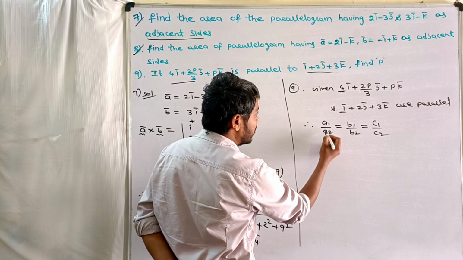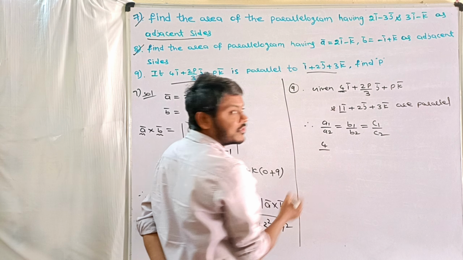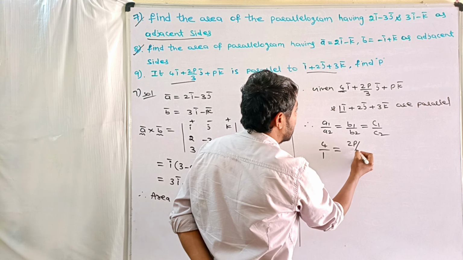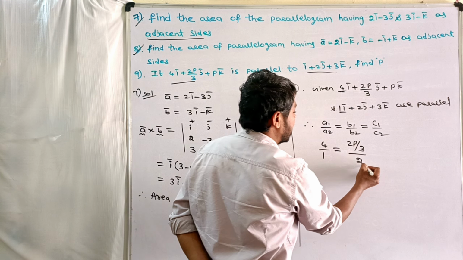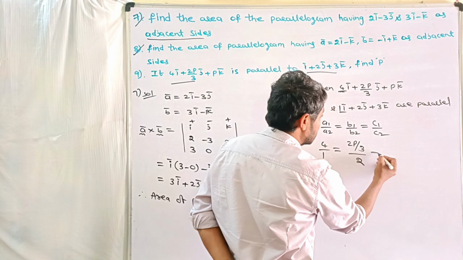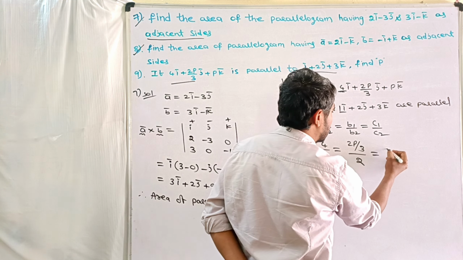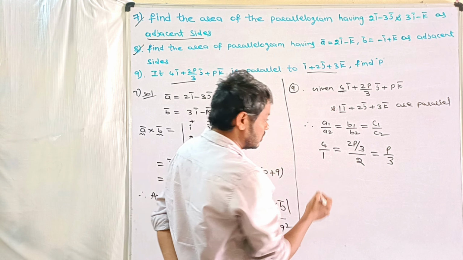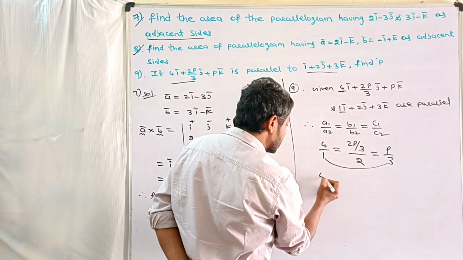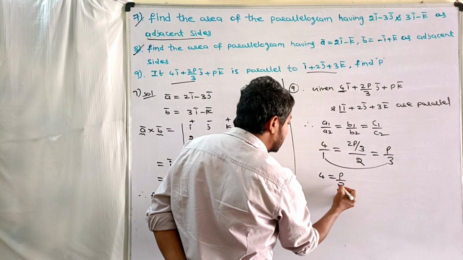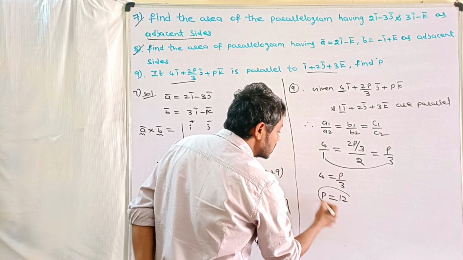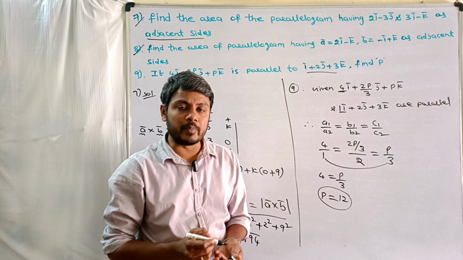So that is A1, 4 divided by the I coefficient 1, which is equal to 2P by 3 divided by 2, which is equal to C1 by C2, that is P by 3. So clearly, equating any two, equating first and last, 4 is equal to P by 3. So P is equal to what? 4 into 3, 12. So this is the value of P.